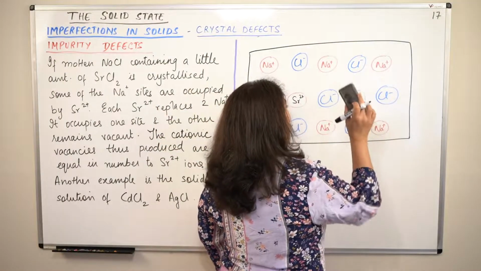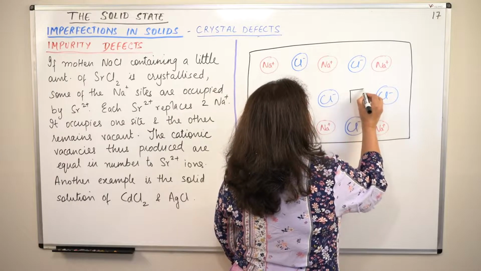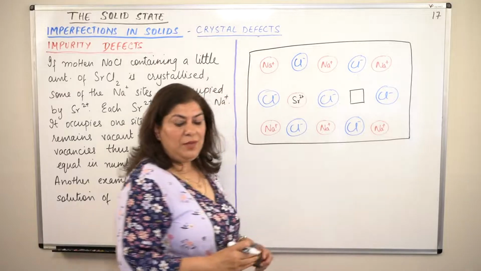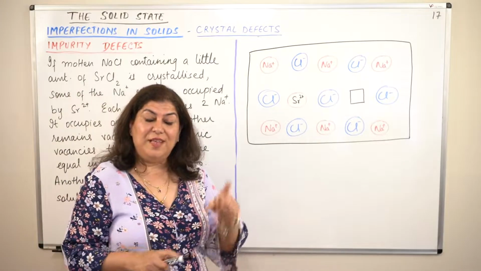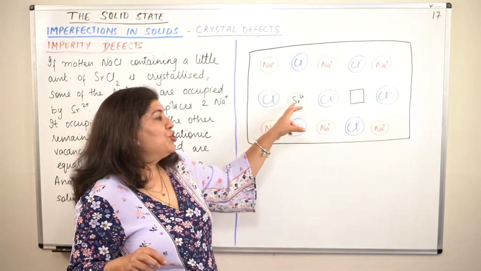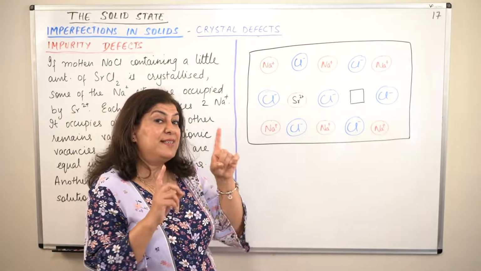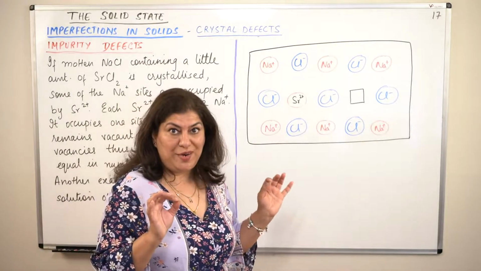Obviously, it will not occupy a site, thereby creating a vacancy. For every 2 sodiums, there should be 1 strontium. That is the ratio in order to maintain the electrical neutrality.